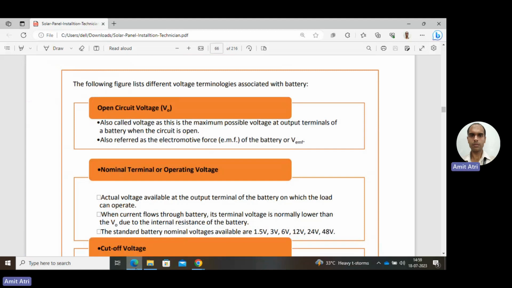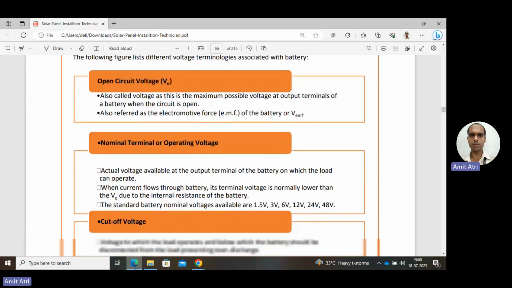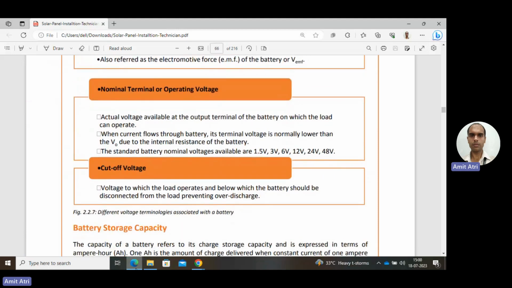Usually there is a slight decrease, meaning the operating voltage is less than the open circuit voltage. This could be 1.5 volt for a small cell, 3 volt, 6 volt, 12 volt, 24 volt, 48 volt. Normally batteries are available up to this operating voltage.